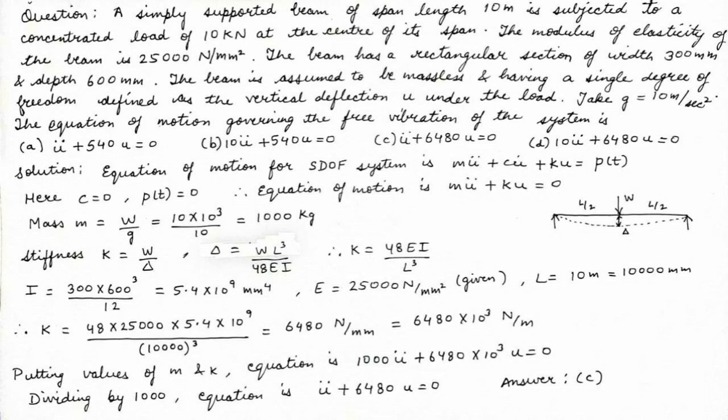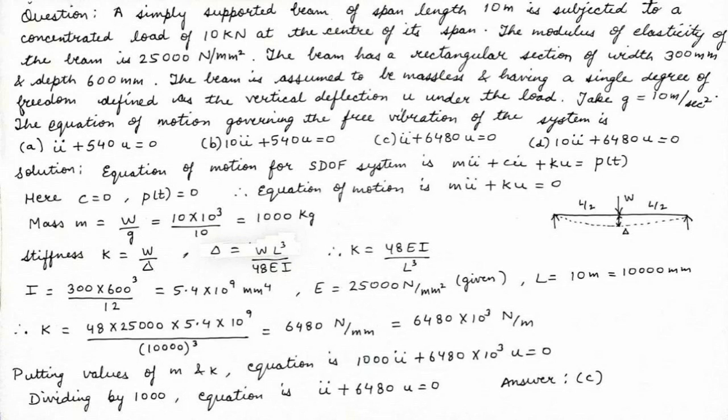E is the modulus of elasticity of the system, which is given as 25,000 Newton per mm square in the question. I is the moment of inertia of the beam, which will be b d cube by 12, that is 300 into 600 cube divided by 12, since it is a rectangular section. The value will come out as 5.4 into 10 raised to power 9 millimeter to the power 4.